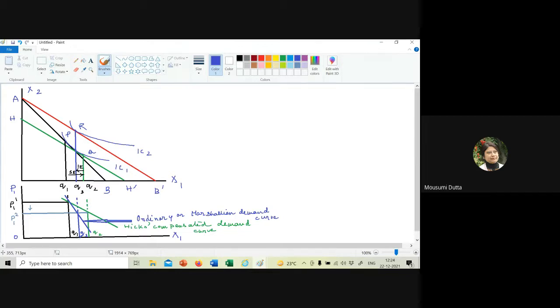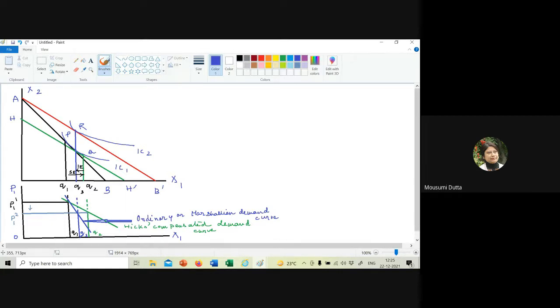So what we are finding is that in case of a normal good, the ordinary demand curve was flatter than the compensated demand curve. Whereas in case of an inferior commodity, the demand curve is steeper than the ordinary or Marshallian demand curve.